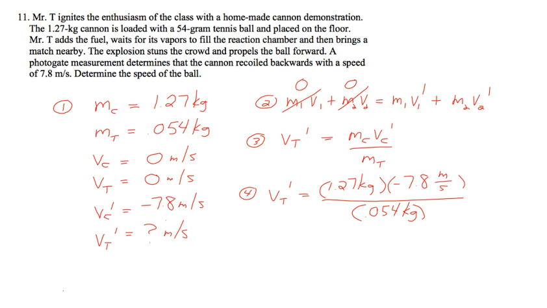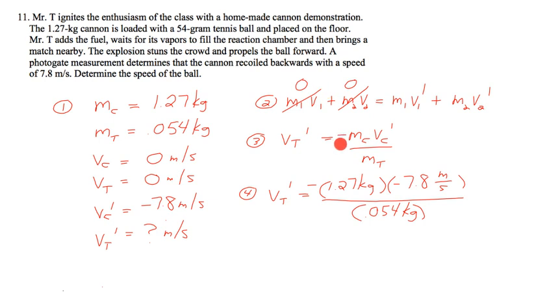So look what happens here. Whoops, I'm missing something. I'm missing a minus that should be there. Does everybody follow that? I'm missing the minus because I moved this to the other side. So if it was a positive term on the right side, when I move it over, it's going to be minus.